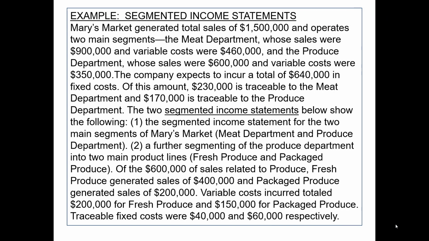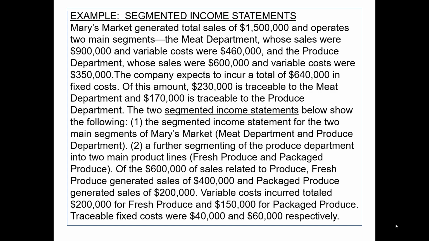Let's look at an example of segmented income statements. Now what I've given you is two segmented income statements that I prepared for Mary's Market. And I prepared those based on this information. Mary's Market generated total sales of $1,500,000 and operates two main segments.